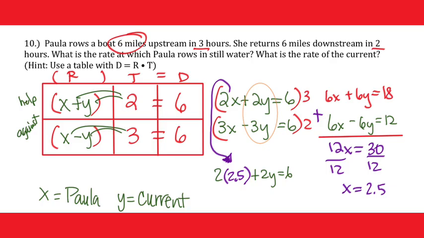And if I substitute in x, I get 2 times x plus 2y equals 6. So 5 plus 2y equals 6. And I isolate the variable, solving for the current, which is going to be 1/2.